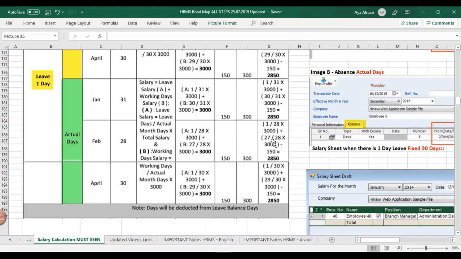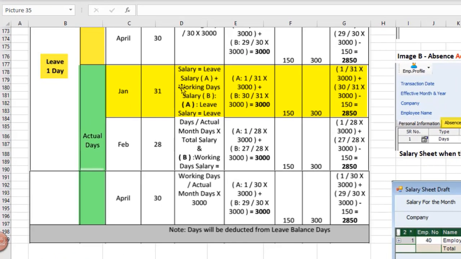There are 2 main parts. In January, which contains 31 days, the salary will be calculated based on the leave salary plus the working days salary, which is part A and part B. Part A is calculated as follows.